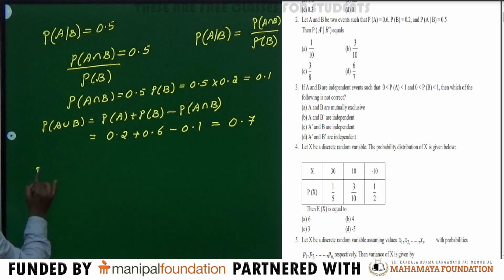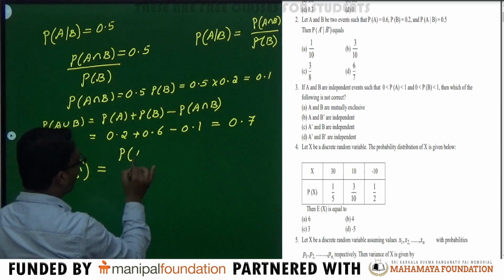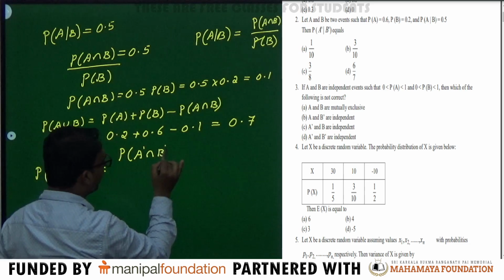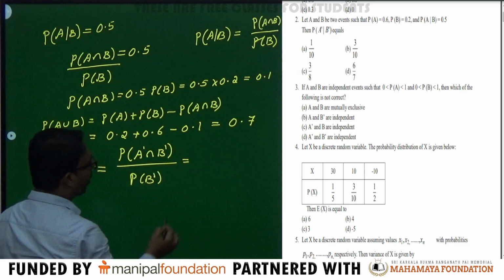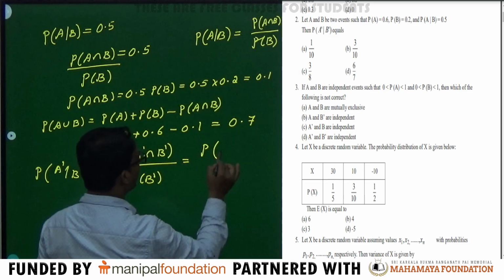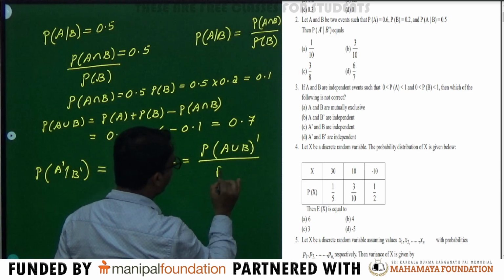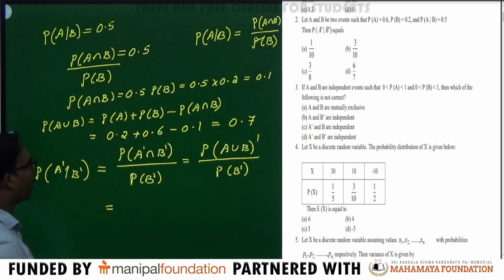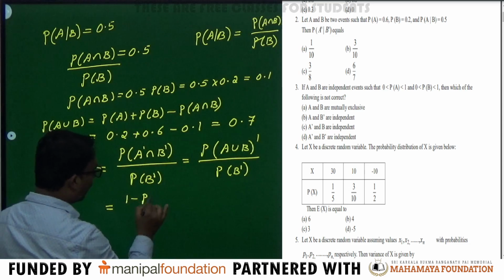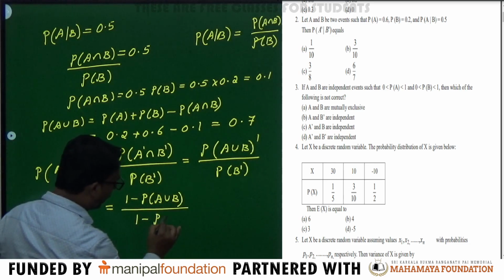Therefore, the value of probability of A dash given that B dash is already occurred is equal to probability of A dash intersection B dash whole divided by probability of B dash. By using De Morgan's theorem, we can write A dash intersection B dash as A union B whole dash upon probability of B dash. Therefore, probability of A union B whole dash is 1 minus probability of A union B upon 1 minus probability of B.